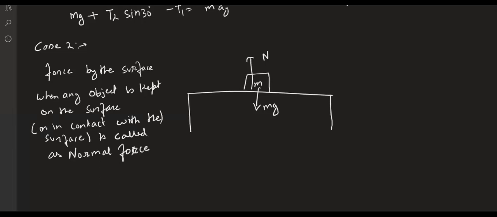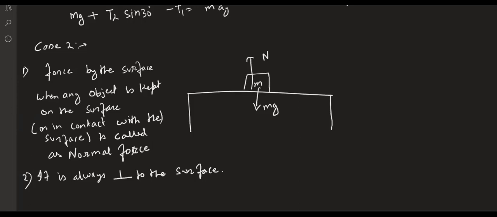And this is the first definition. Second point, it is always perpendicular to the surface. To the surface. Okay, so in this case, since the surface is horizontal, normal is in the upward direction.